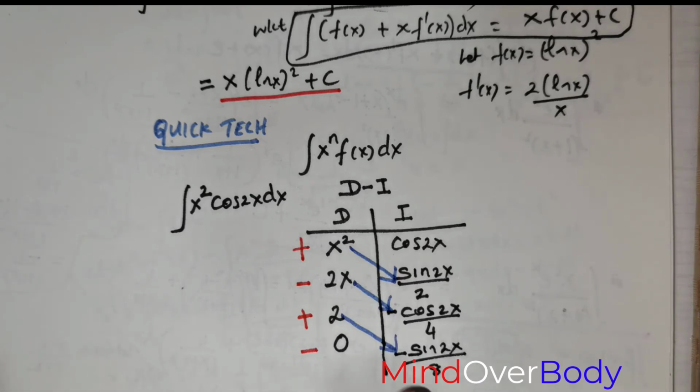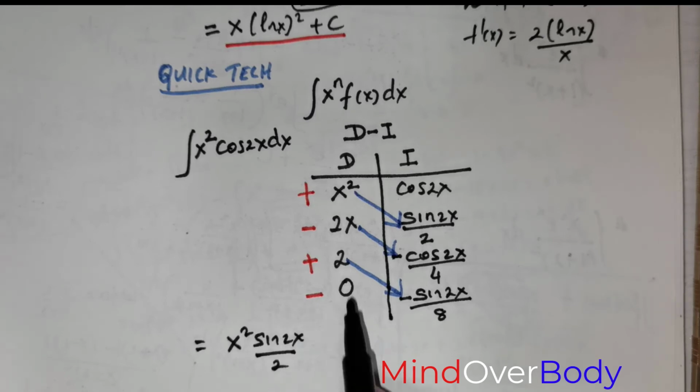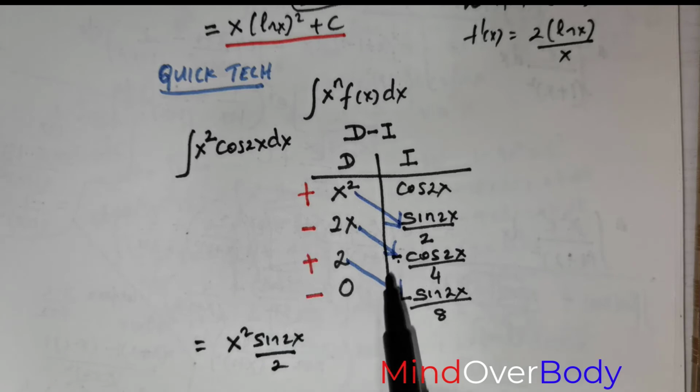If I were to rewrite this, the solution is going to be x squared times sin 2x divided by 2, so you can place that 2 there. Negative times negative is positive, and there is a 2x there, so place that 2x times cos 2x divided by 4.